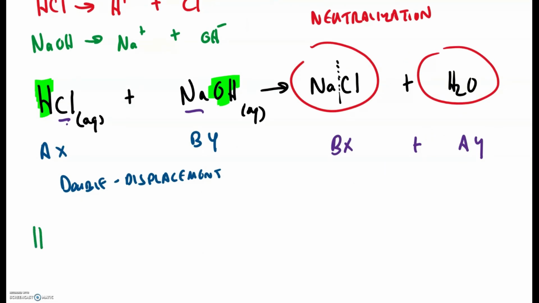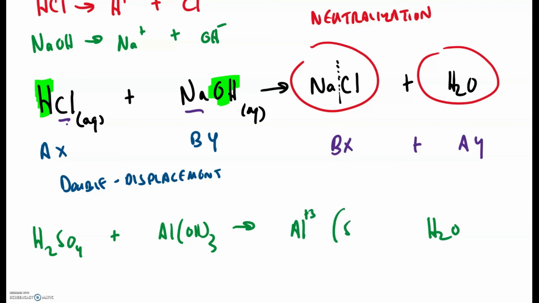If we were going to react, for example, sulfuric acid with aluminum hydroxide, when we put them into solution, we know that the products are going to involve water and the remaining ions, aluminum with a charge of 3 plus and sulfate with a charge of 2 minus. So this is going to look like this.